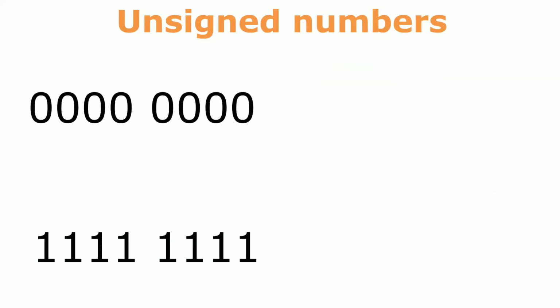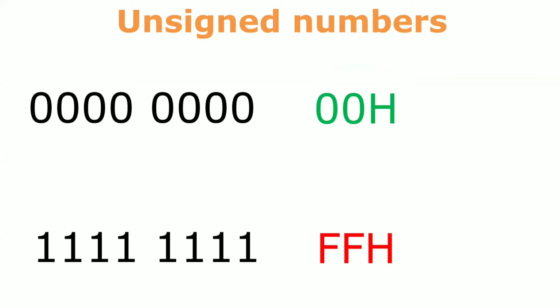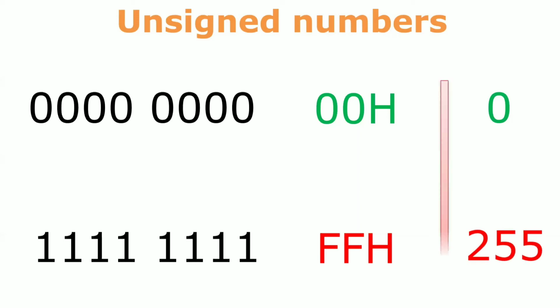You will get all ones. That means in hexadecimal we represent it as 00H, and the maximum value is FFH. If you represent the same thing in the decimal number system, that is 0, and FF is nothing but 255. Okay, so 0 to 255 means the range is 256. So these are your unsigned numbers or positive numbers.